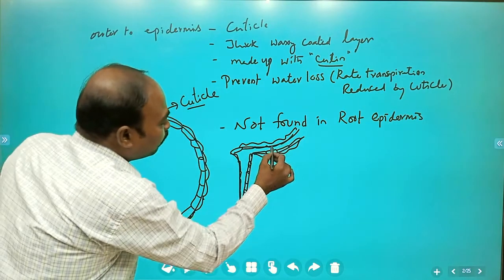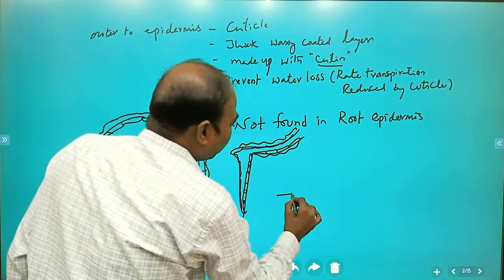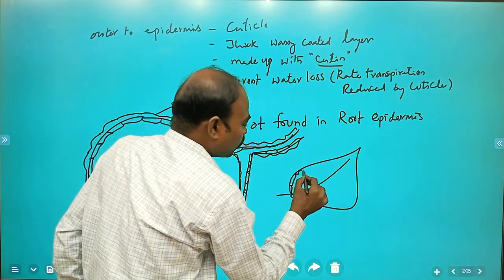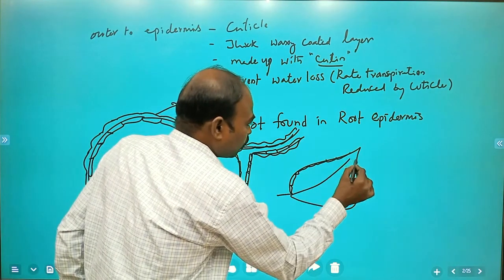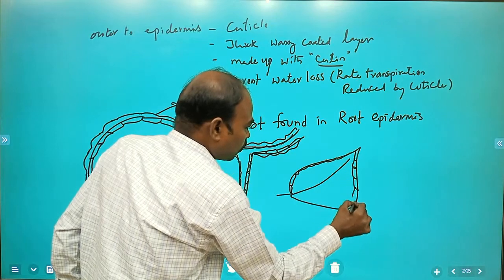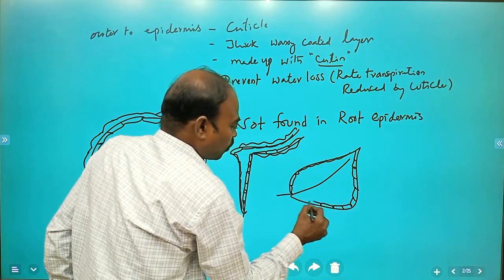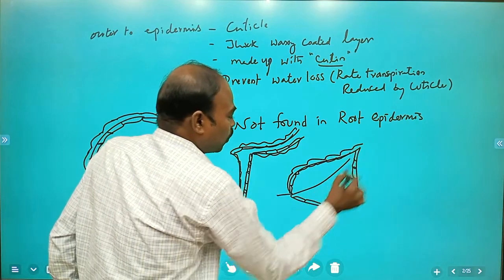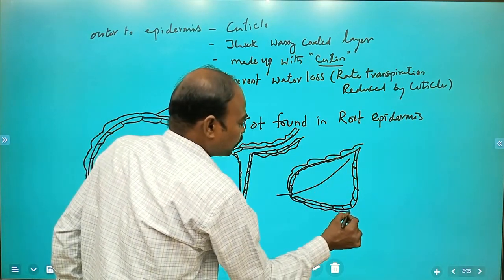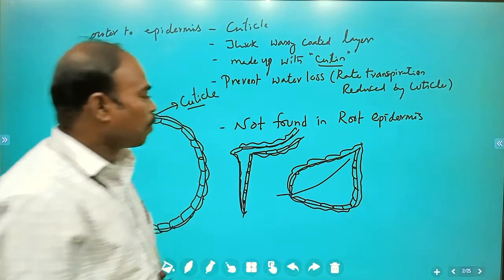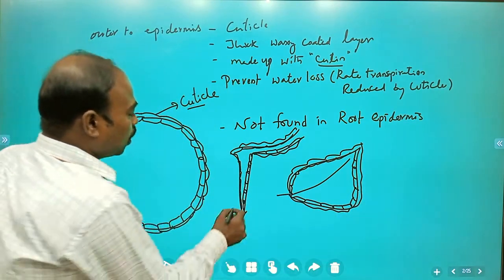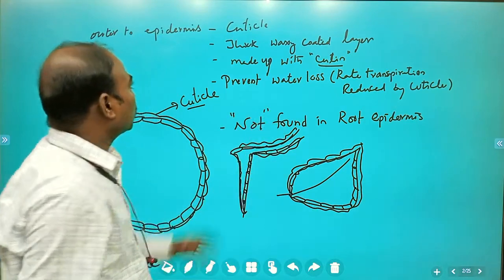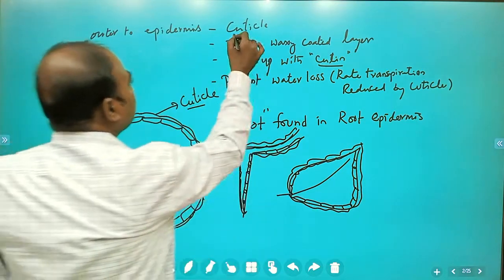So in stem epidermis as well as in leaf epidermis, the thick covering cuticle is found, but not in root epidermis. So the cuticle is not found in the epidermis of root, right?